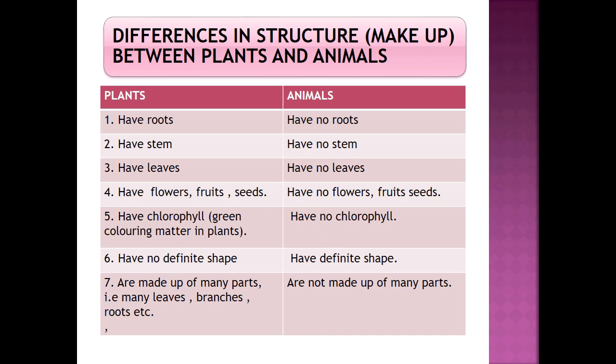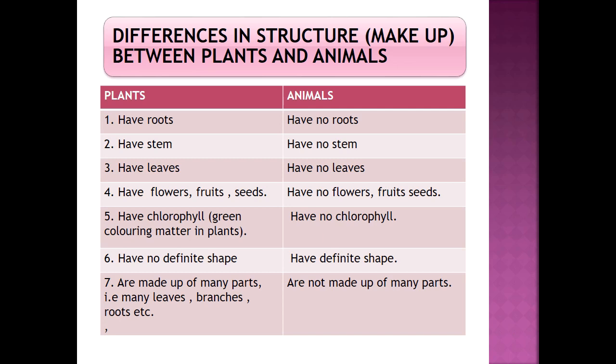So plants don't have definite shape, but animals have definite shape. Number seven, plants are made up of many parts, that is many leaves, branches and roots. Plants have so many leaves, so many branches and so many roots, but animals are not made up of so many parts. So these are the differences that exist in structure or in the makeup between plants and animals.